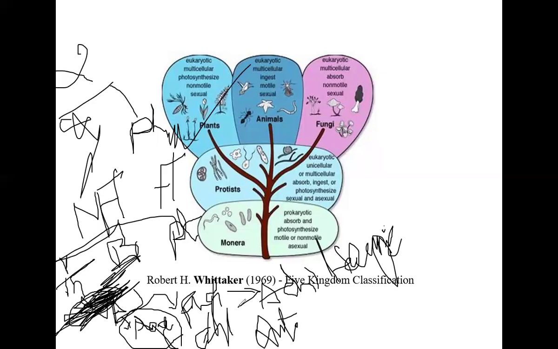There is no chlorophyll. There is no food production for their own self. It depends on others, that's why we call it heterotrophic. It depends on others for its food material.